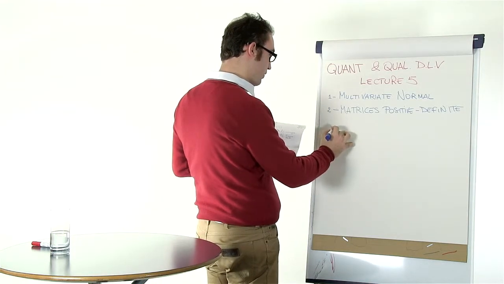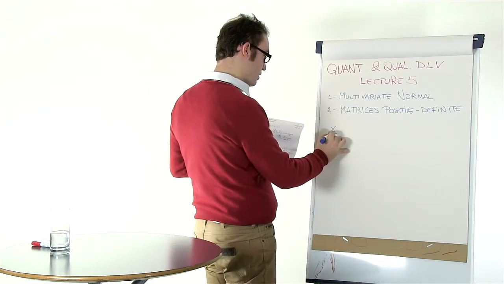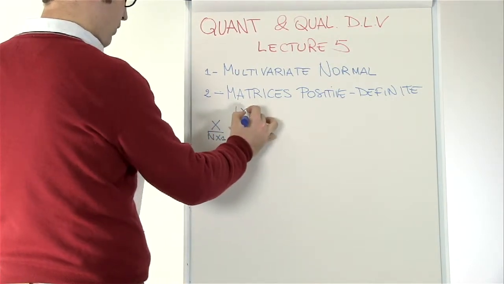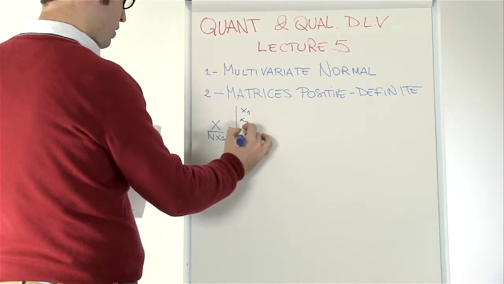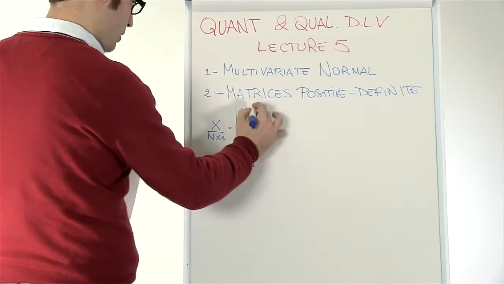Suppose that we have a random variable x that is a vector n by 1. We have x1, x2, and xn.